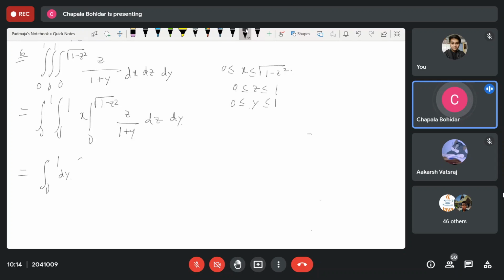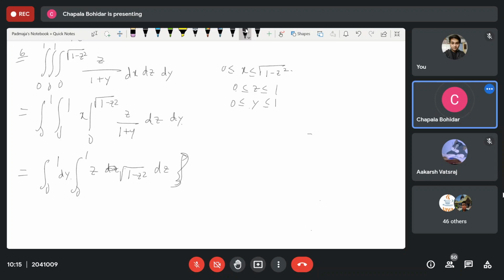Then 0 to 1, the value for z, so I can write dz, and by substituting the value of x, we get z by 1 plus y times root over of 1 minus z square dz.